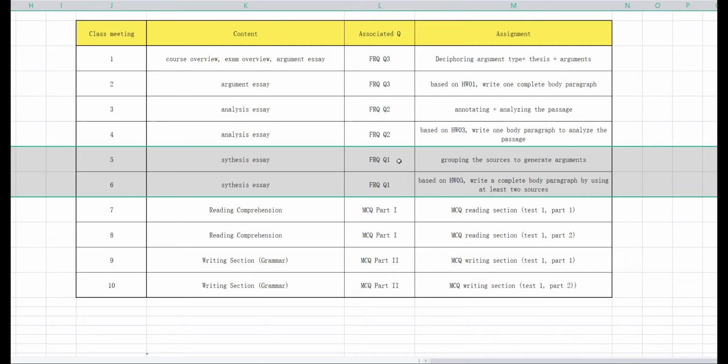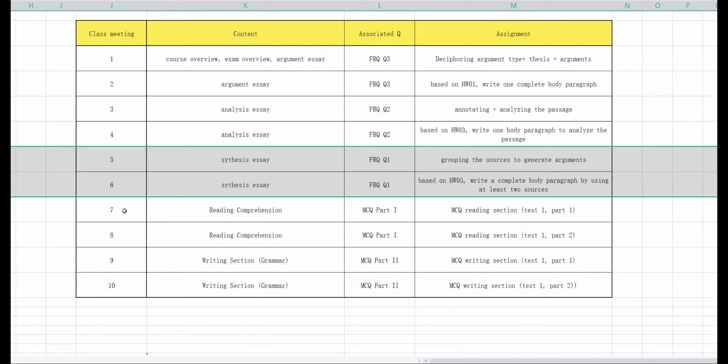After we finish all the free response essays, we're going to march into part 1. Part 1 is all about multiple choice questions. In this section, we have reading comprehension questions. We also have a writing section, which is actually grammar. So we will save the multiple choice questions for the end.